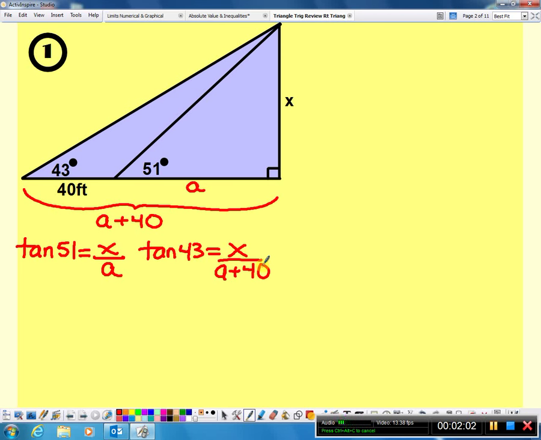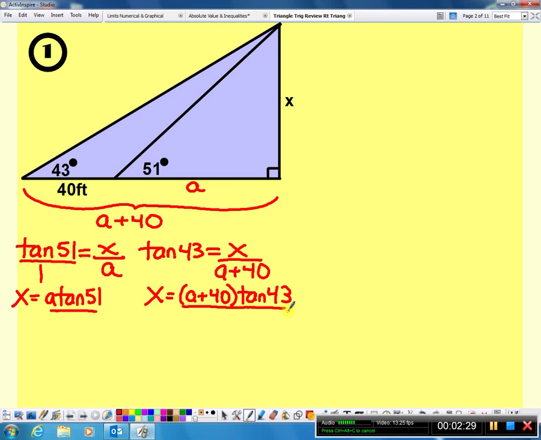So let me cross multiply on both and say that x equals a times the tangent of 51 and x equals a plus 40 times the tangent of 43. Now the idea I'm going to use is that if x equals a tan 51 and x equals a plus 40 tan 43, then those two expressions must equal each other.